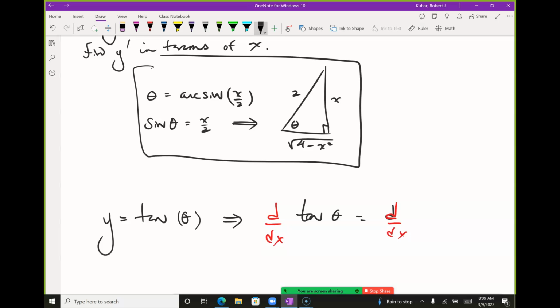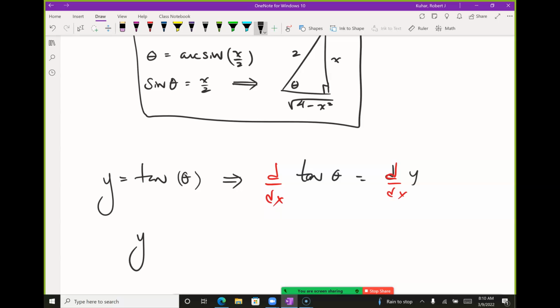So you can see I'm doing implicit differentiation really here, right? Because I'm doing a derivative in x, but I don't have any x's in here. I've got a y and I've got a theta. So what do I get? I get y prime is equal to secant squared theta times theta prime. Is everybody with me there?